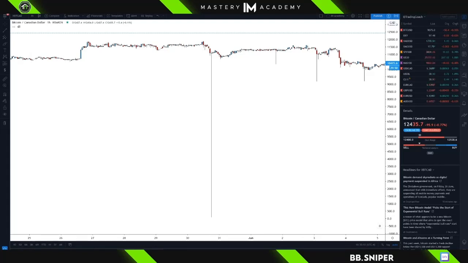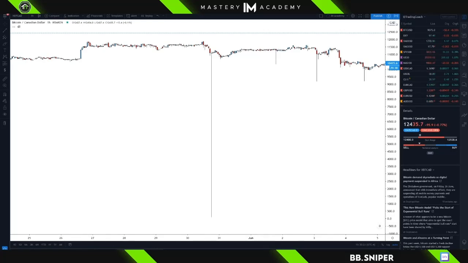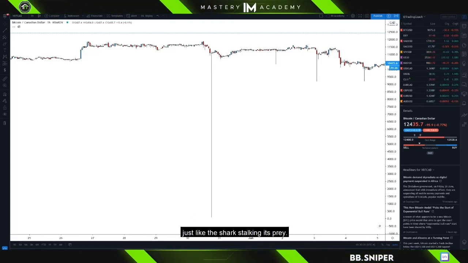Each and every single candlestick shows us information about what has already happened within a structured yet chaotic environment. And the candles that have yet to be created will always move towards where the most money is, just like the shark stalking its prey.